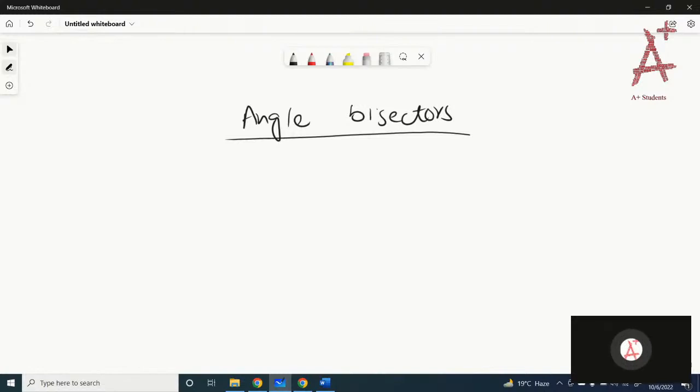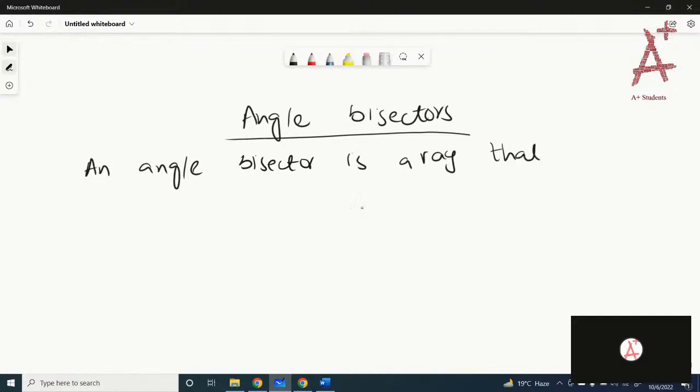So I'm going to write the definition of the angle bisector on the board. An angle bisector is a ray that divides the angle into two equal parts.